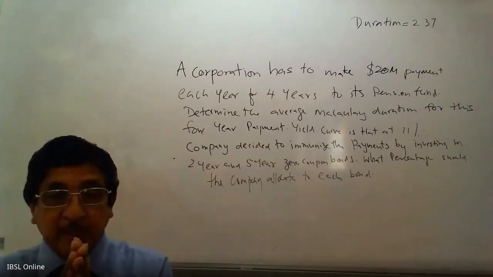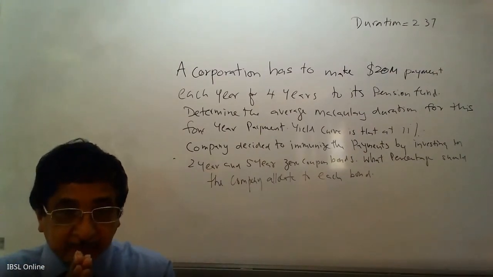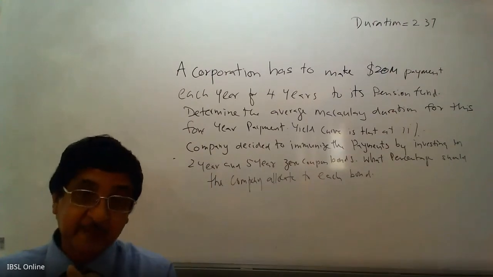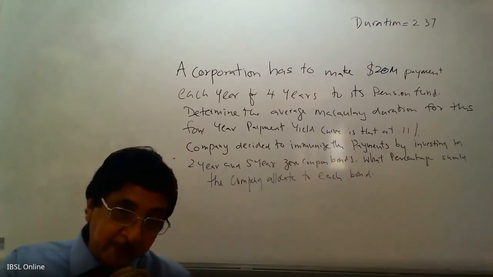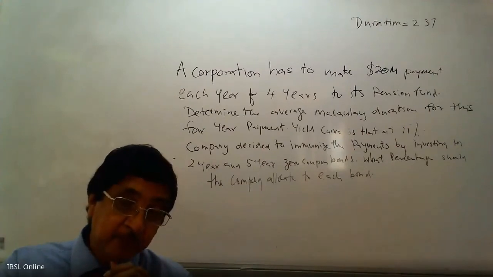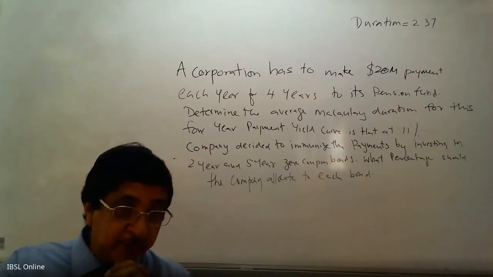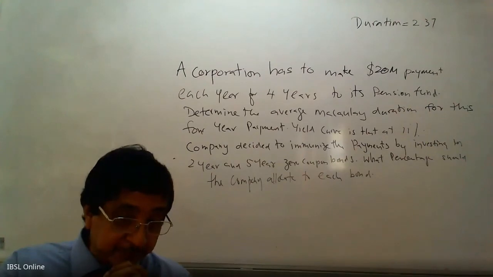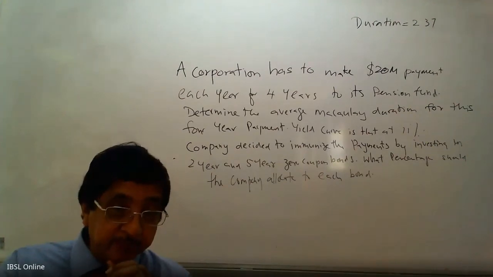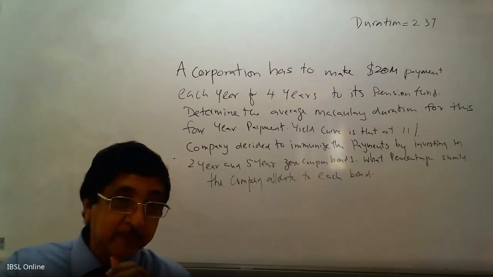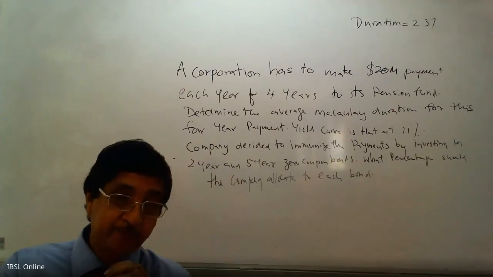Now the company has a payment to be made for the coming 4 years. That payment is made for their pension fund. We all know the payment is $20 million for each year, and the duration we have already calculated, that is 2.37.